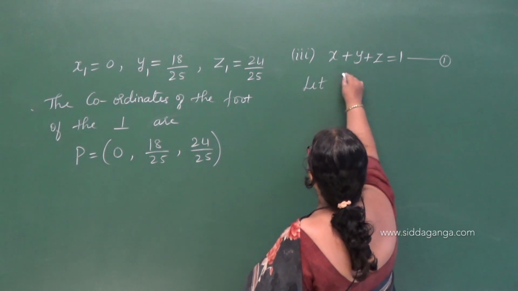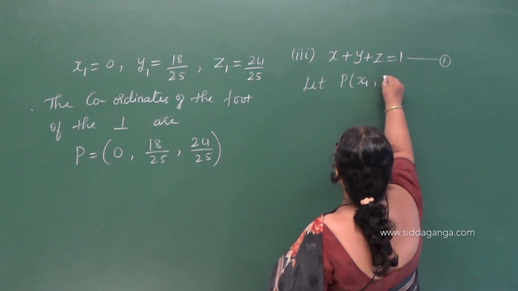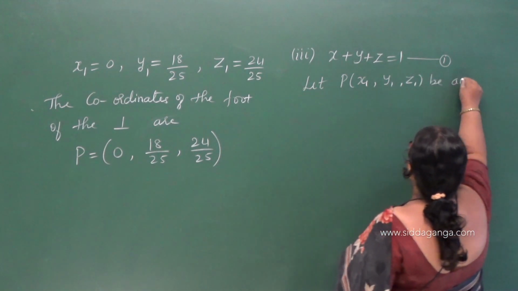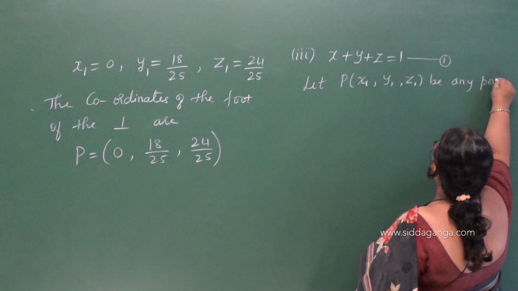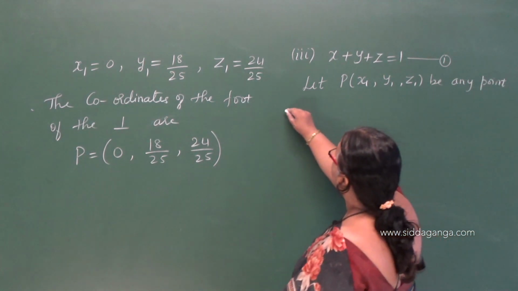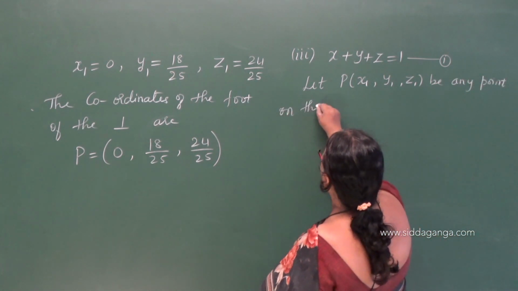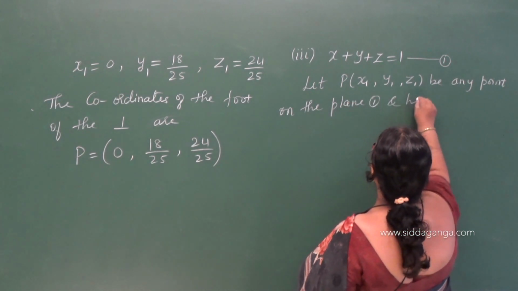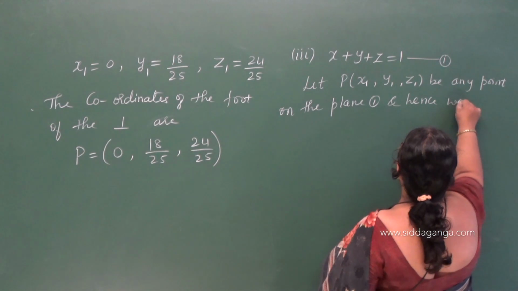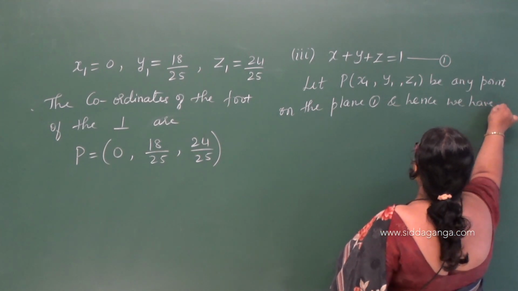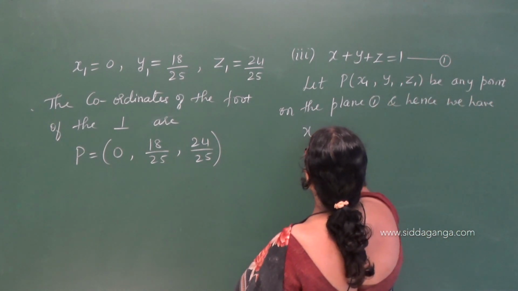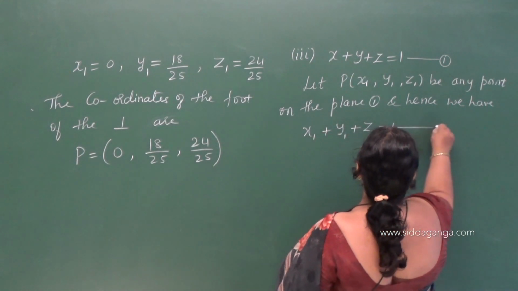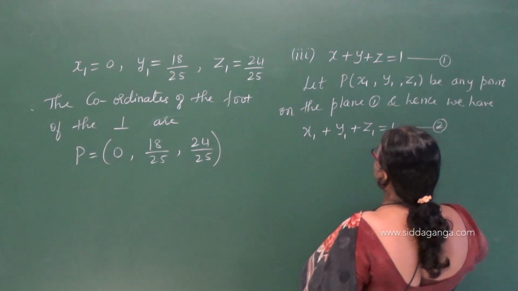Let P of x1 comma y1 comma z1 be any point on the plane 1 and hence it should satisfy the equation. I wrote it earlier: x1 plus y1 plus z1 equal to 1, equation 2.